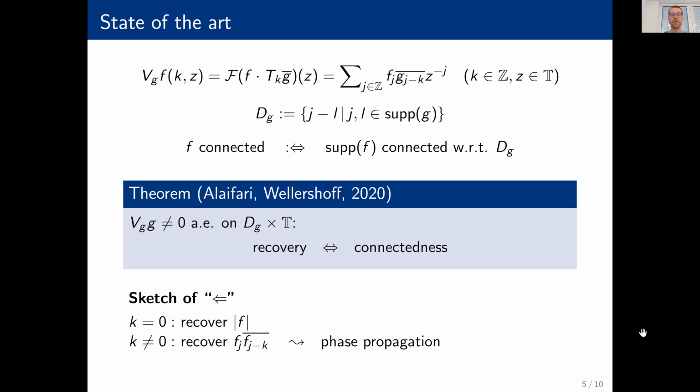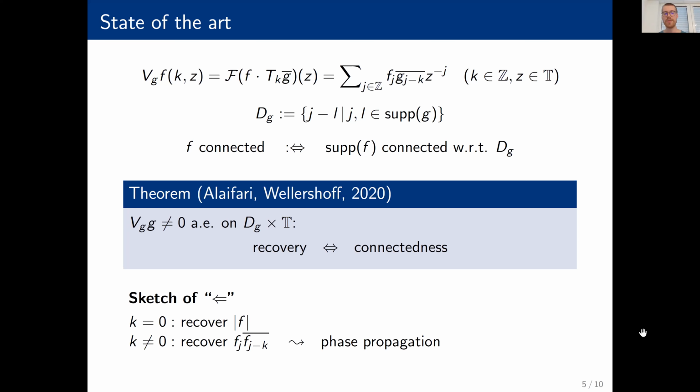So what we can recover using shifts K non-zero is pointwise products Fj times Fj minus K. And by using these pointwise products, we are able to propagate the phase from some entry Fj to the entry Fj minus K, or the other way around.